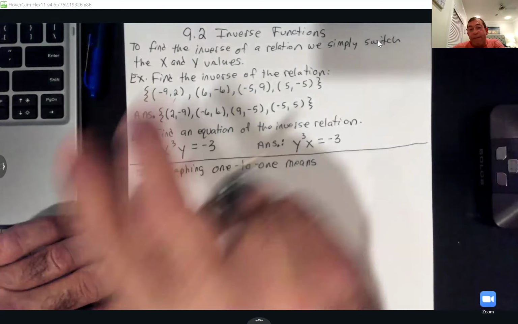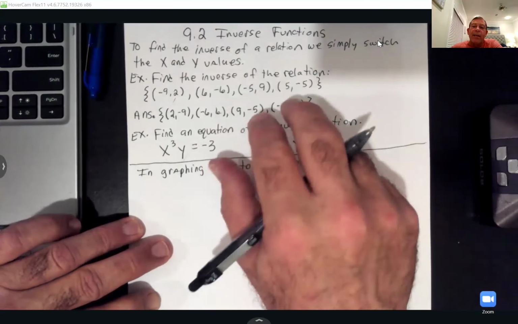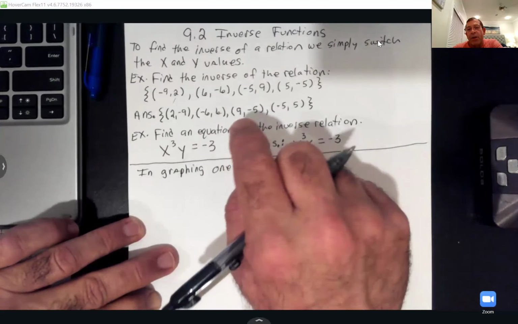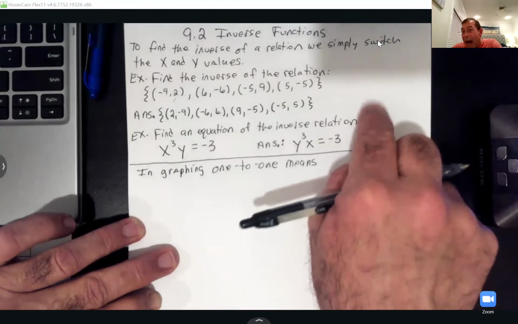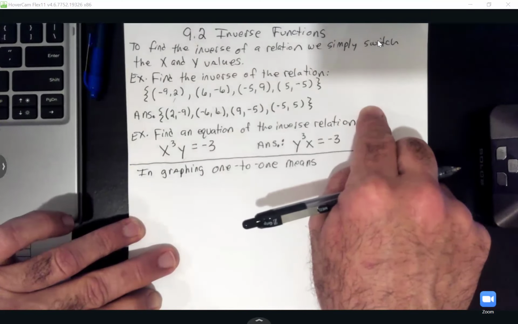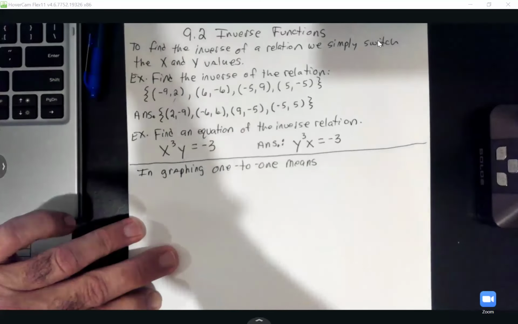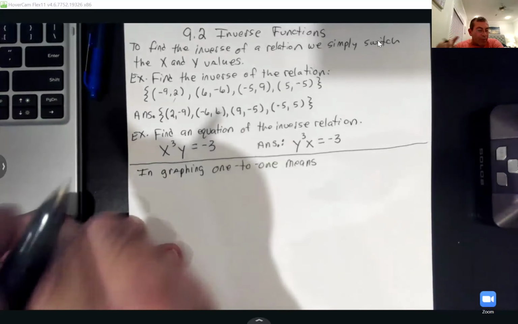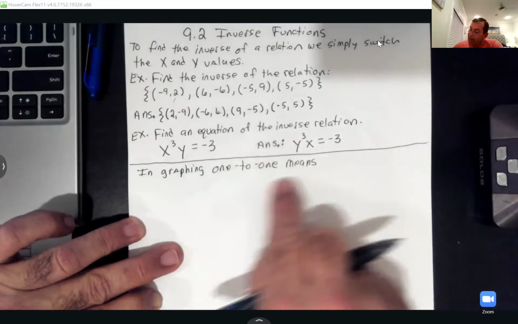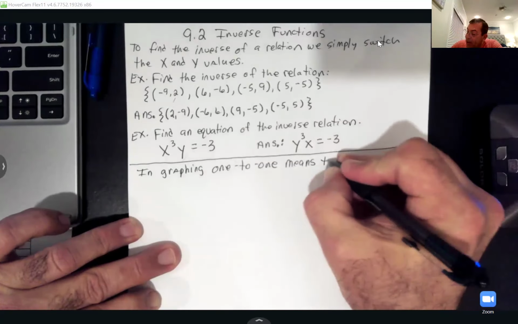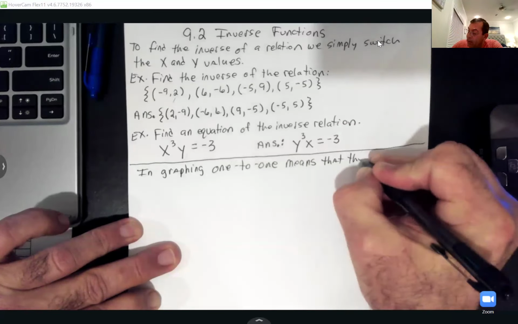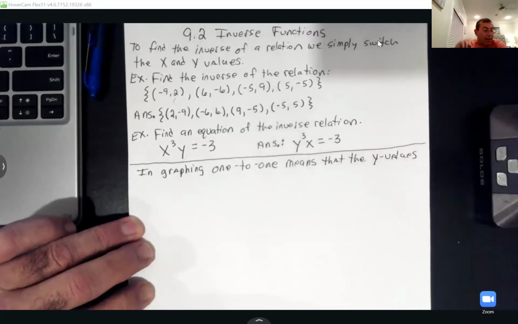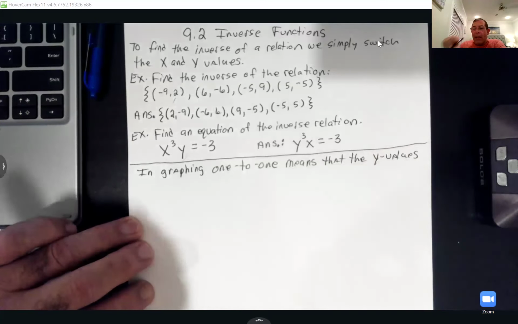now you remember when we did a function? When we did a function, we said, hey, in order to be a function, all the x values could only have one y value, right? Yes. And we did what we called a vertical line test to prove that. Well, y'all, one-to-one is almost the opposite. One-to-one means that the y values can only have one x value.